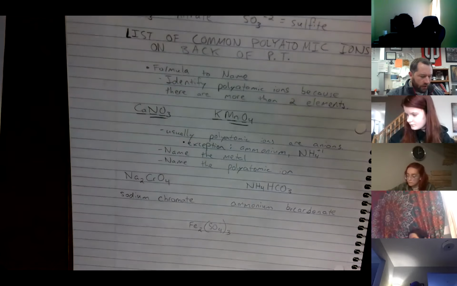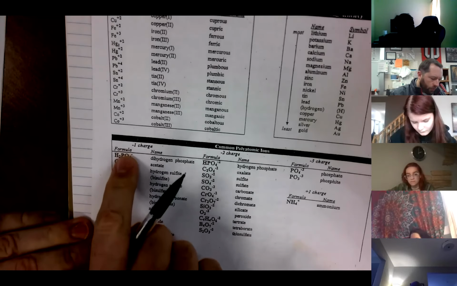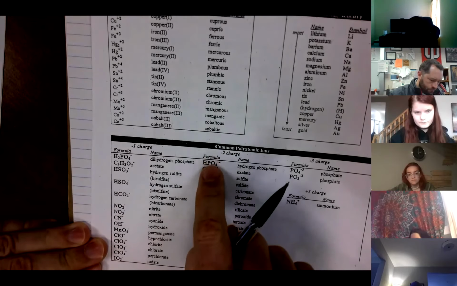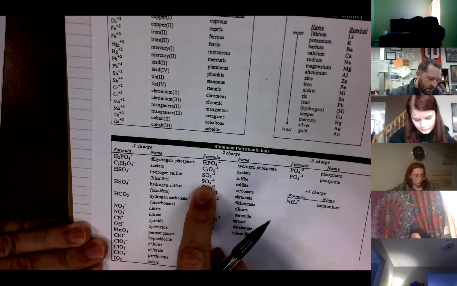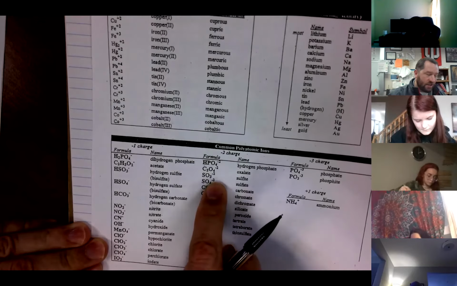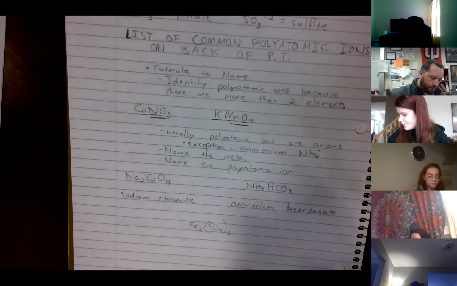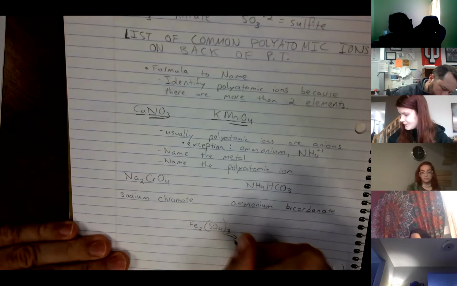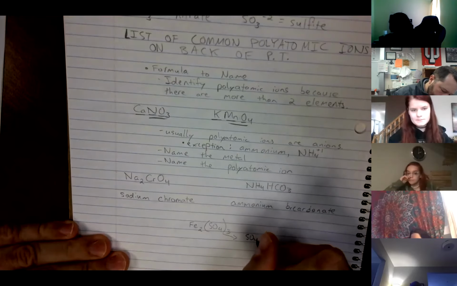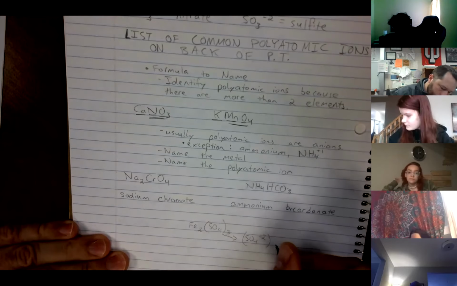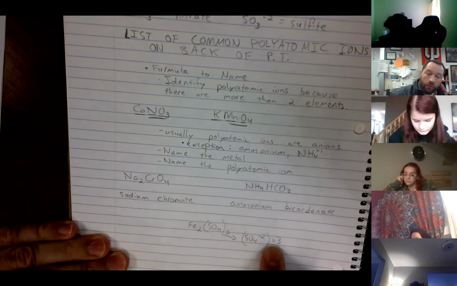So SO4, let's find SO4. There it is, SO4 sulfate, and it has a -2 charge. Everything in this column is a -2 charge. And there are 3 of them.